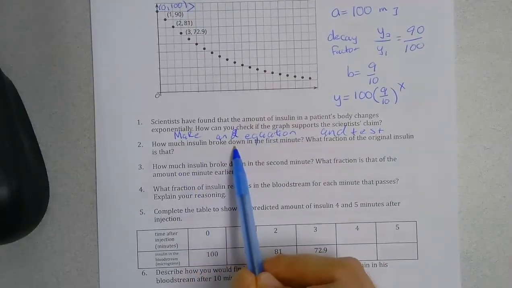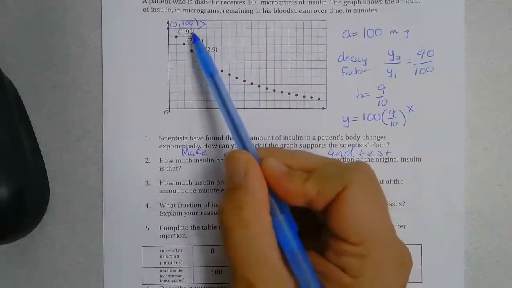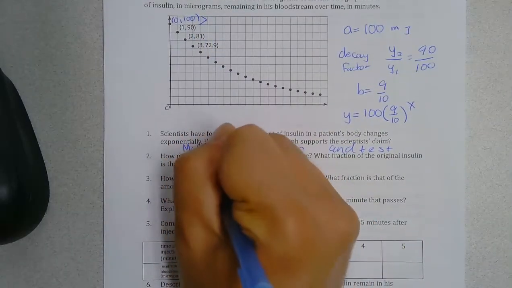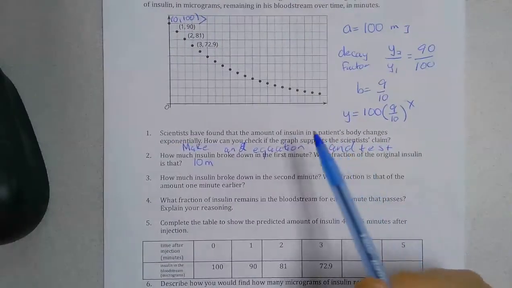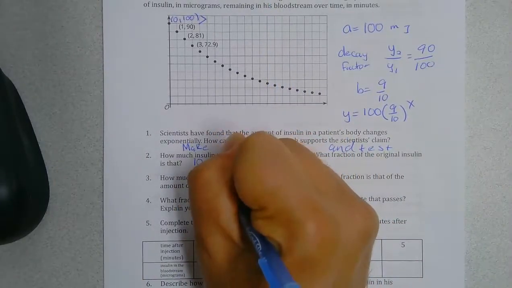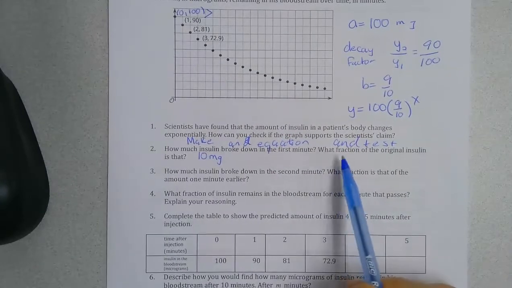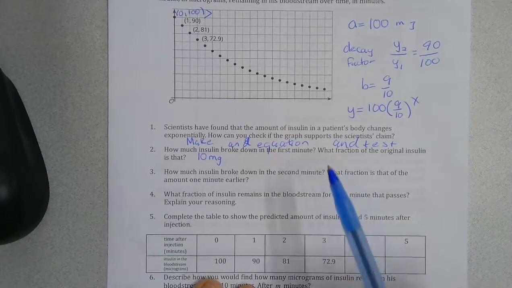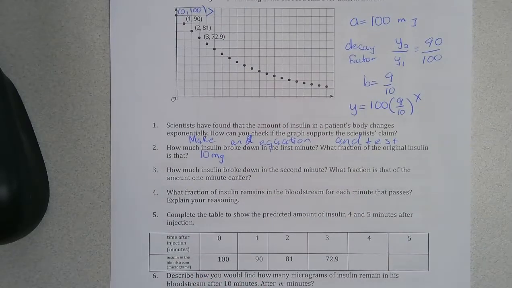Here, how much insulin broke down in the first minute? Well, we went from 100 to 90, so we lost 10 micrograms. And then what fraction of the original insulin is that?